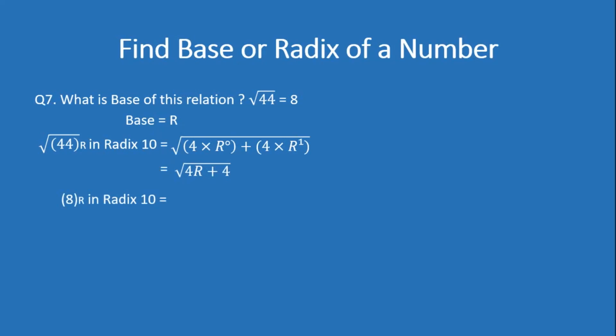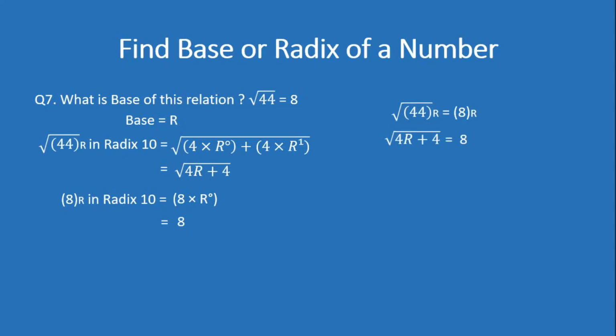Now the second number 8 in radix 10 will be 8 into r to the power 0, that means 8. Now we will put those values in the equation. So in place of root 44 we write root under 4r plus 4, and in place of 8, that is equal to 8.